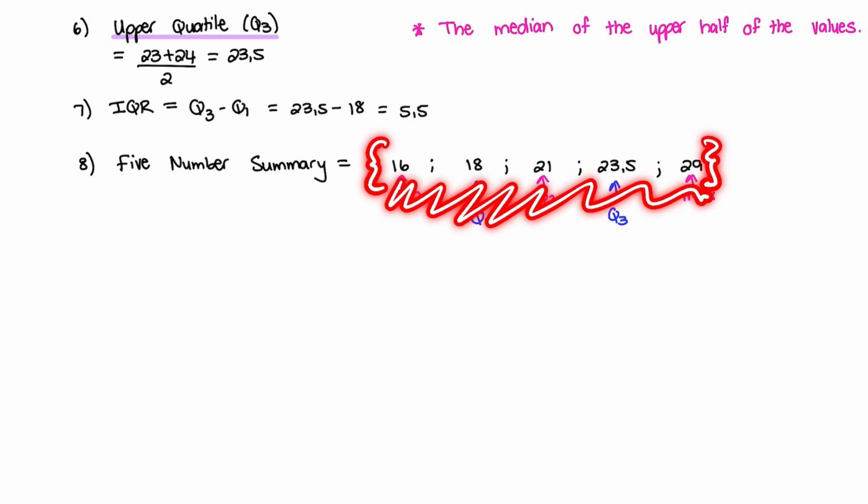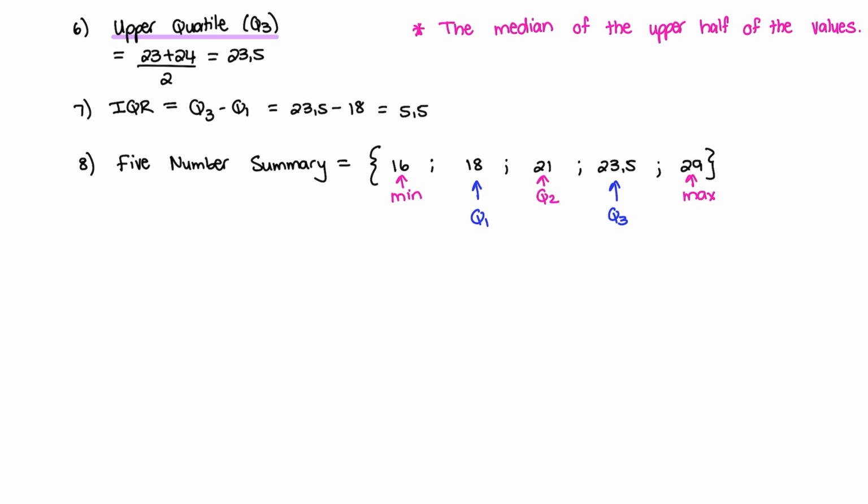You just write down the values of 16, 18, 21, 23 and a half, and 29. And you do it in ascending order. And then a person would know that the first value is the minimum, the last value is the maximum. 18 is quartile 1, 23 and a half is quartile 3, and the median is 21.